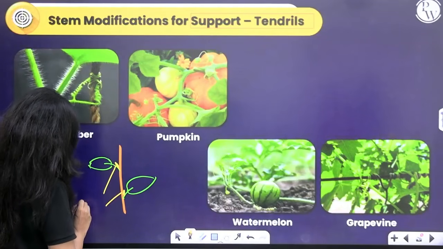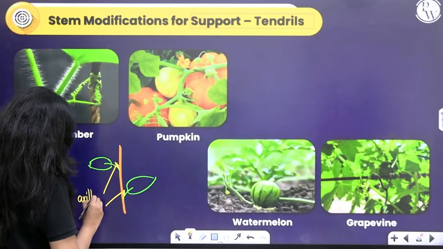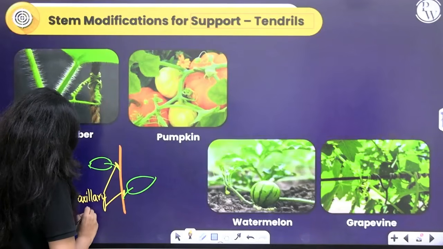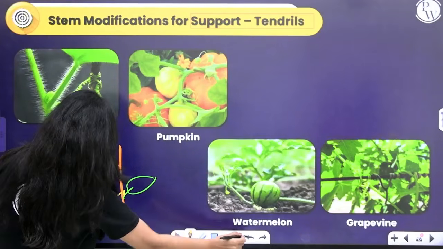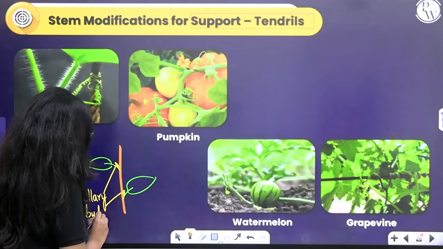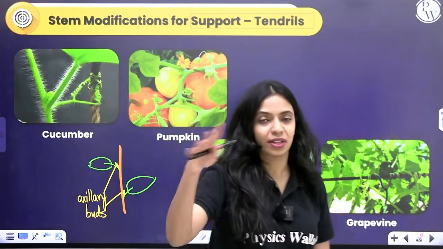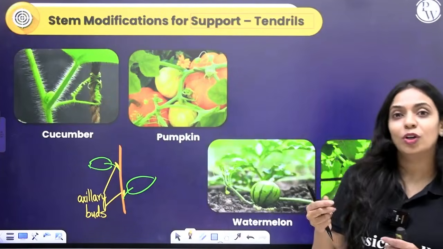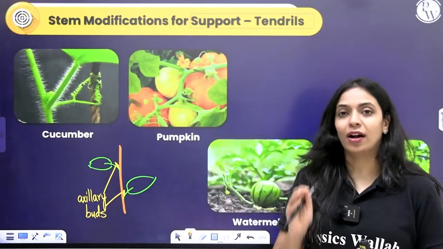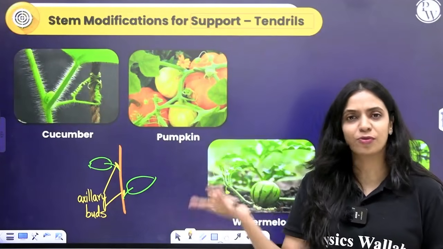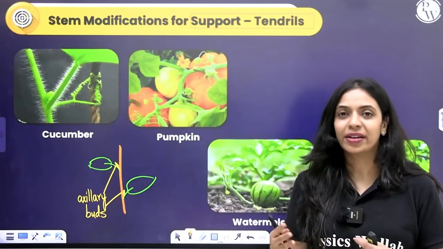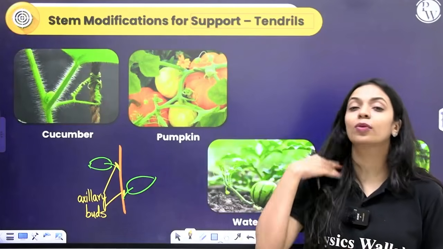These are the axillary buds. In some plants that require additional support, probably because they're creepers or they're climbers, the stem will not be strong enough to hold the plant upright. If it has to climb around some form of support, it requires tendrils. Okay, it will require tendrils.